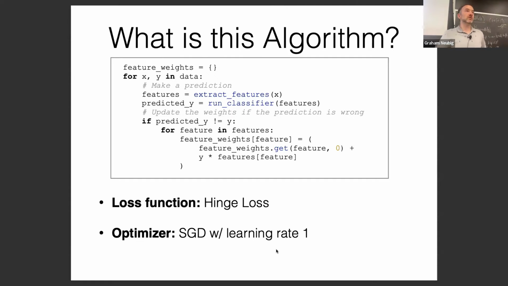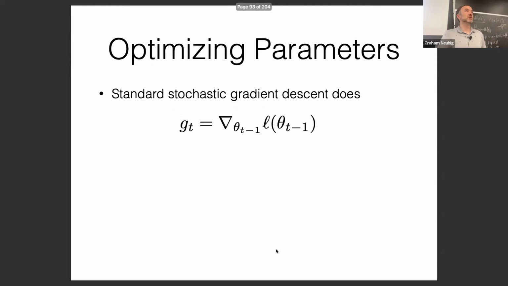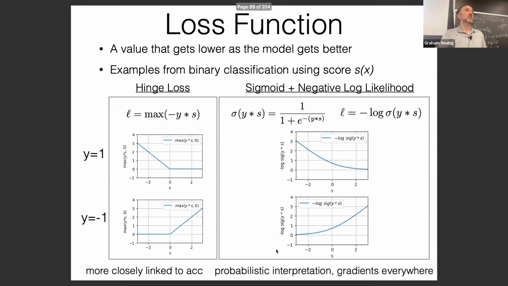Typically, nowadays we don't use the hinge loss very much anymore. If we're training a binary classifier, we almost always use the sigmoid. There are 2 reasons for this. Does anyone have an idea what these might be? Differentiability. I just differentiated the hinge loss though.